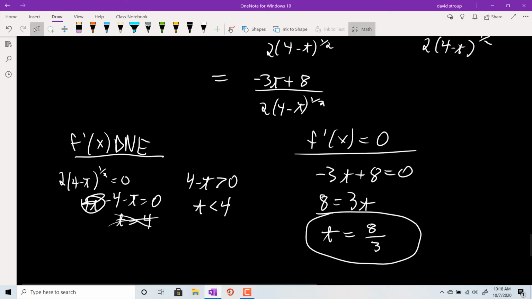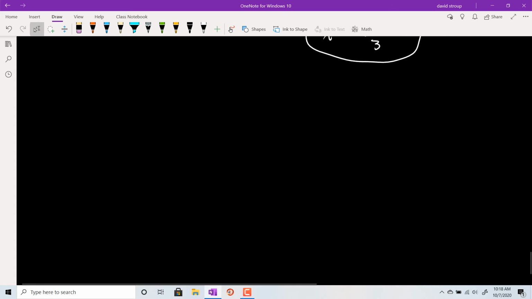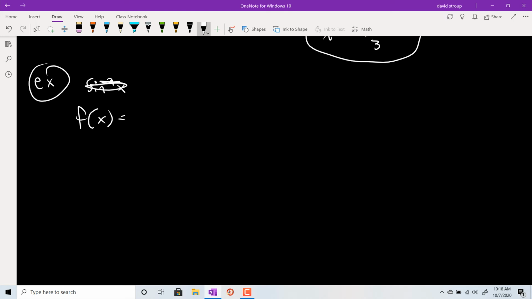Okay, let's look at maybe a trig version of this phenomenon. Example, f of x equals sine squared x plus cosine x, and we're on the interval from 0 to 2 pi.